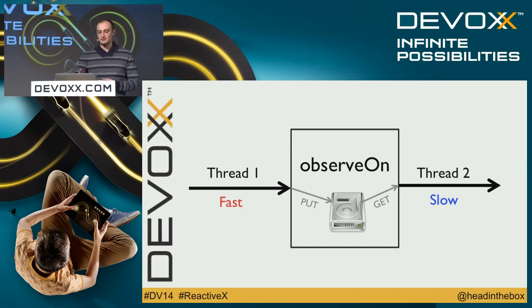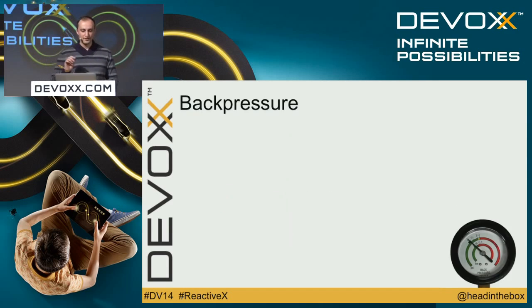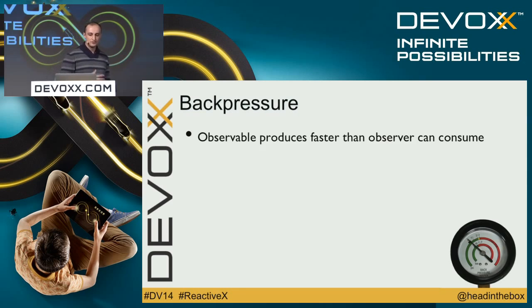And the consuming observable is not able to keep up, well, then you have a problem because buffers are not infinite. So what we really want to do is apply back pressure. And that just means that, like I said, it's a situation in which the observable produces much faster than the observer can consume.